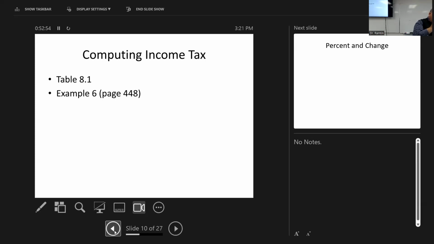You following me? So you subtract 8,025 from 32,550. Whatever the amount, you have to pay 15% tax on that portion of the taxable income.